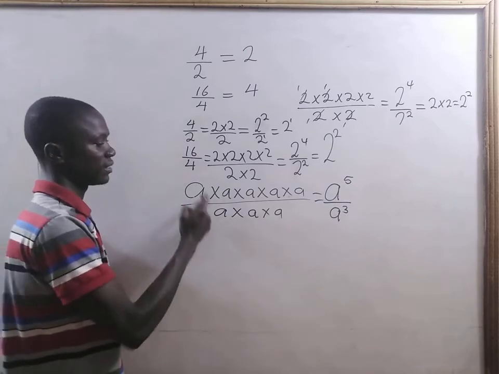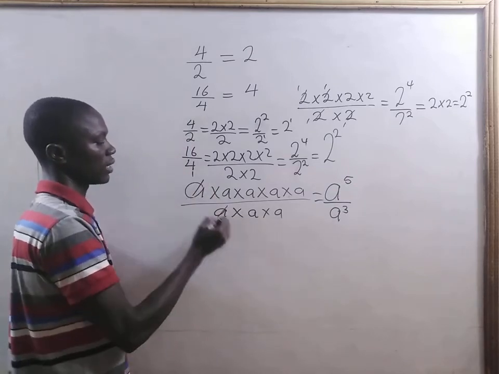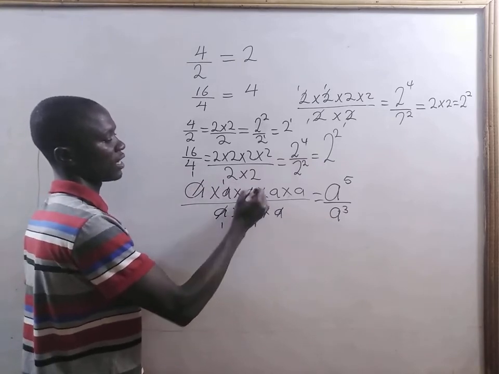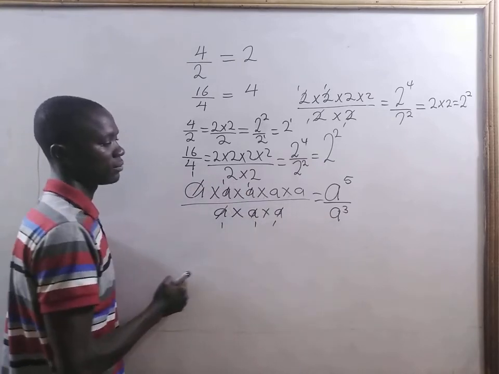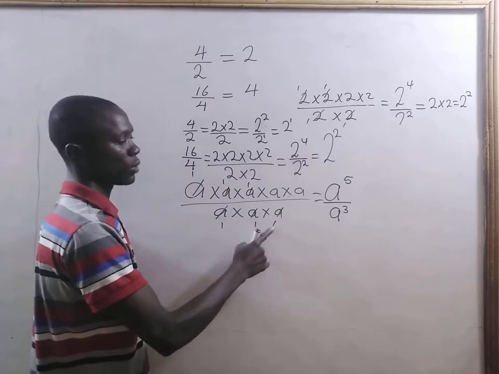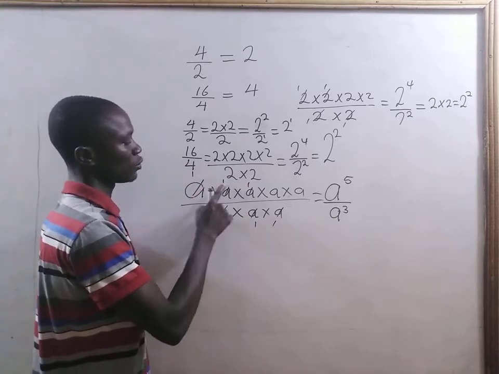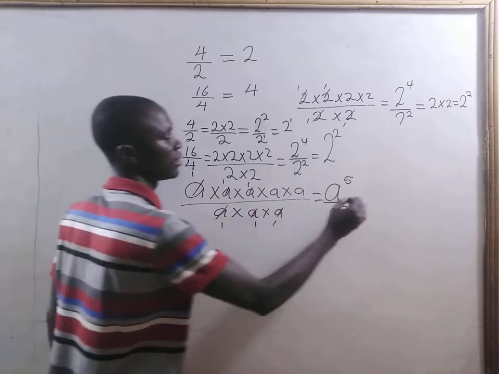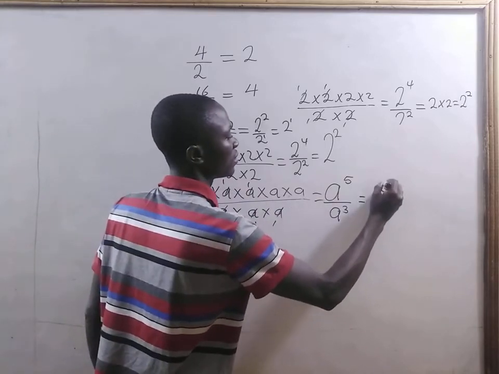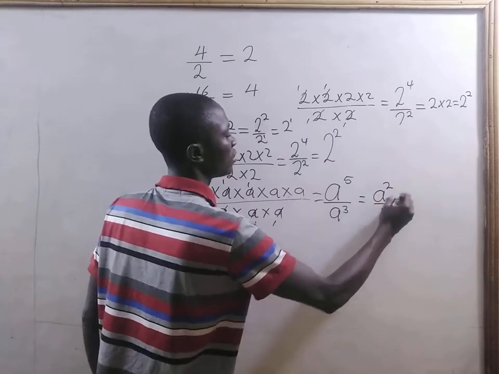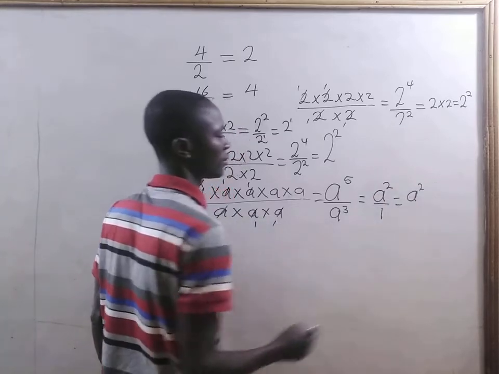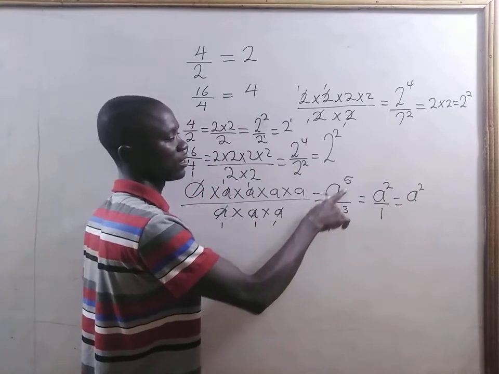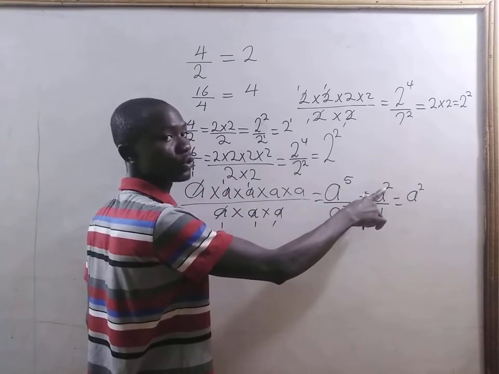Now, upon dividing, we are going to have this divided by this 1, this divided by this 1, this divided by this 1. So 1 times 1 times 1 is 1, times A times A is A squared divided by 1, which is A squared. Here too, you can see that if you subtract this 3 from this 5, you get power 2 as we have here.